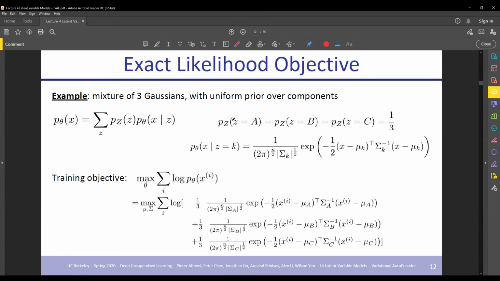So it's a mixture of 3 Gaussians, and the distribution of the values is uniform. That means Z can take 3 values, A, B, or C, and the probability of Z taking any of those values is uniform.